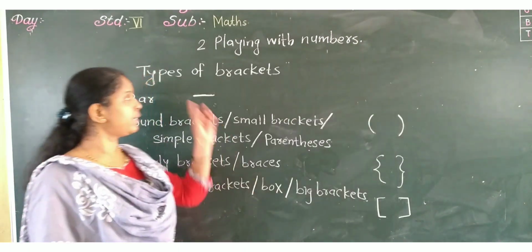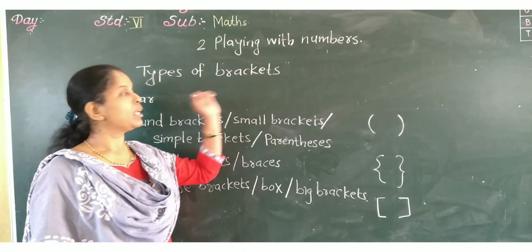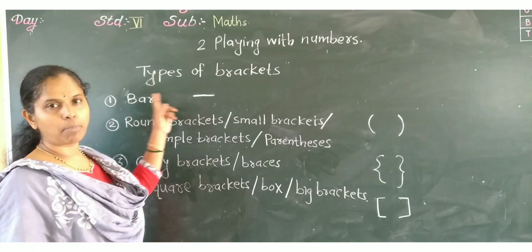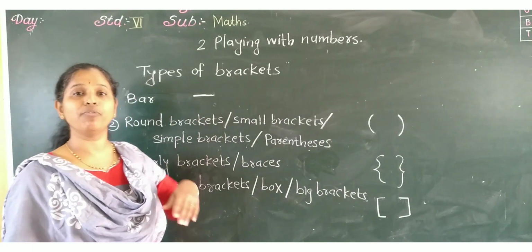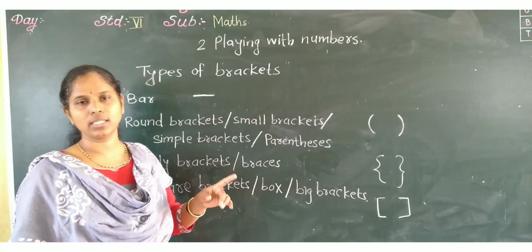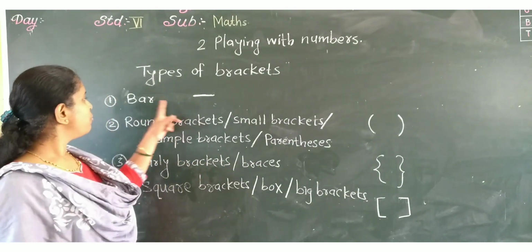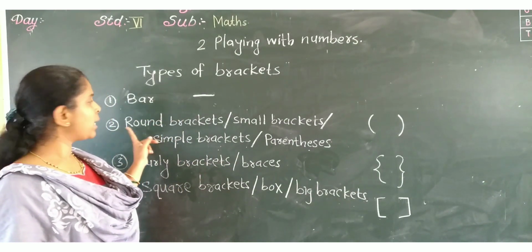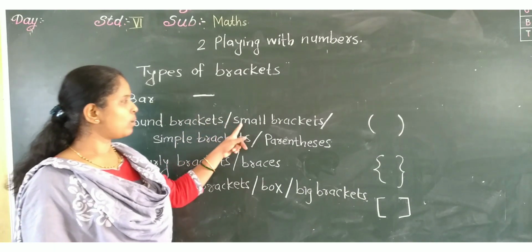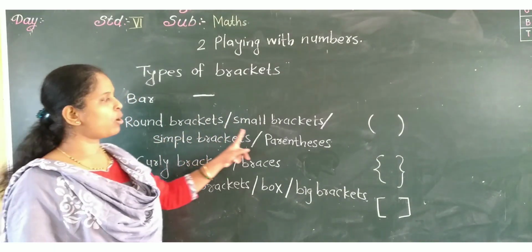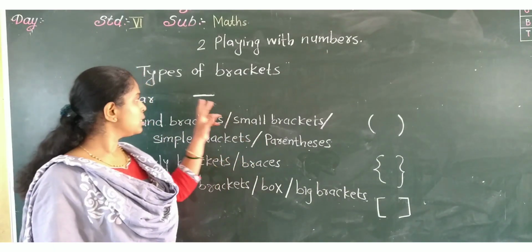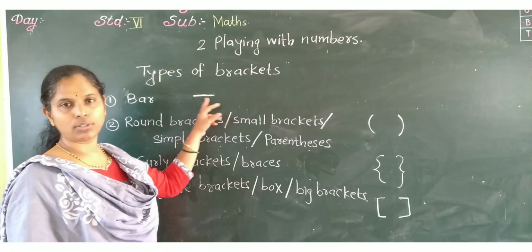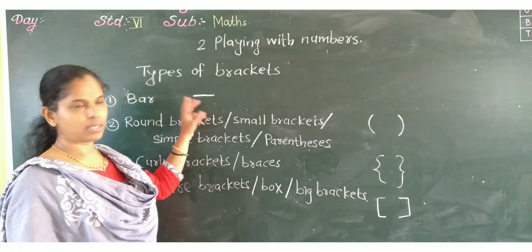Next we will see types of brackets. Okay. So the first type is bar. It is also called vinculum. Then the second type of bracket is round bracket, small bracket, simple bracket or parenthesis. See, bar is shown like this.